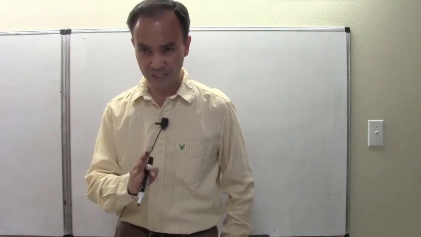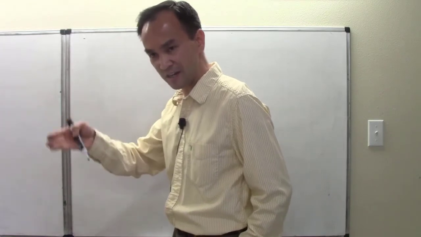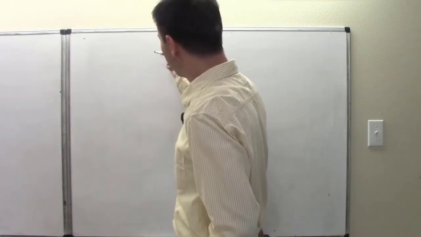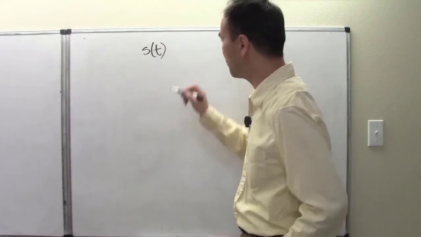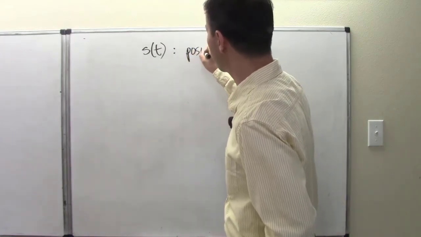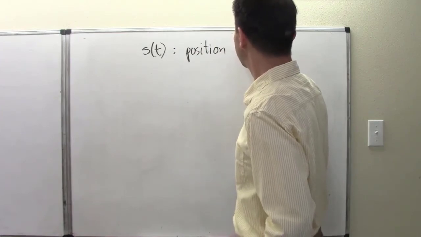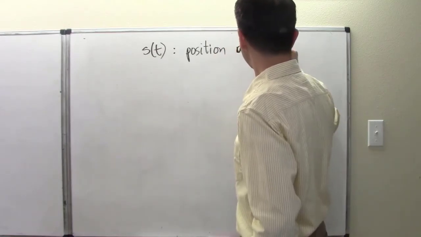Just like how I briefly introduced in the general discussion lecture with the net change theorem, in physics a lot of the time we use a lowercase s of t as a function for position. So s of t is the position of a moving particle, a position at time t.